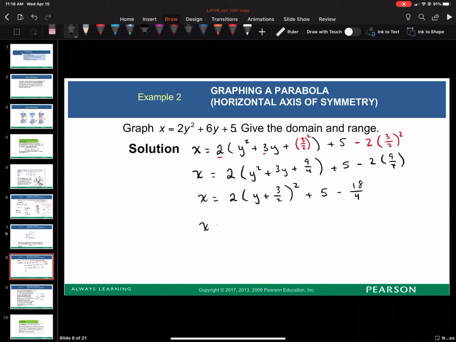So it's going to be x is equal to 2 times y plus 3 over 2 squared, plus, and then we'll get 2 over 4, which is 1/2, of course. So now I'm going to have x minus 1/2 is equal to 2 times y plus 3/2 squared.